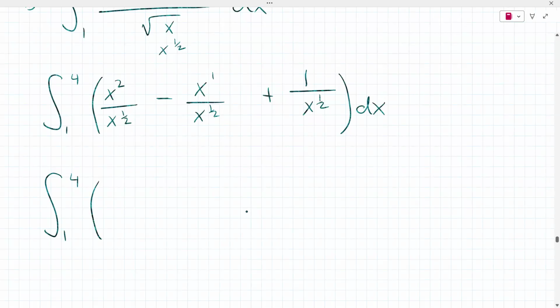x squared over x to the 1/2. We remember when you're dividing with the same base, you subtract the powers. So what's 2 minus 1/2? That will be 4 minus 1 is 3/2. This is going to be x to the 3/2, minus, what's x over x to the 1/2?